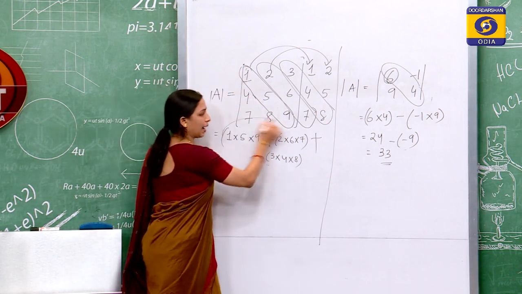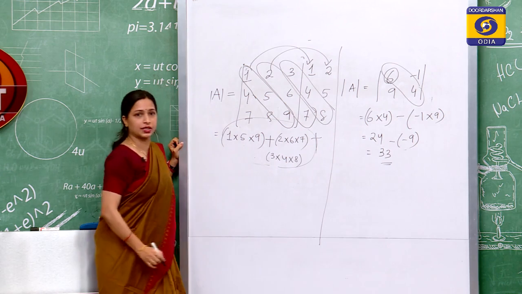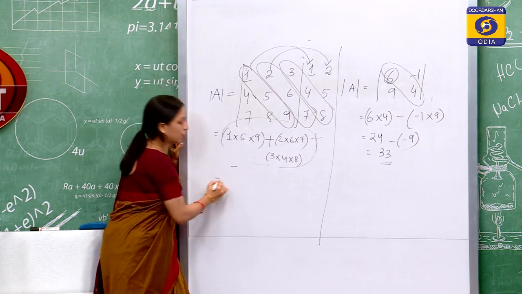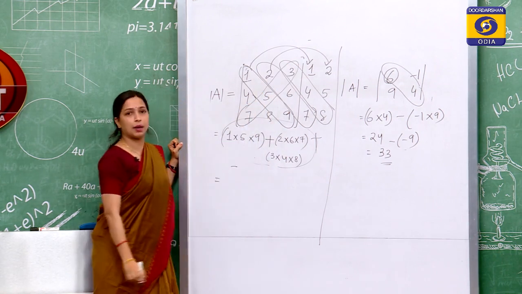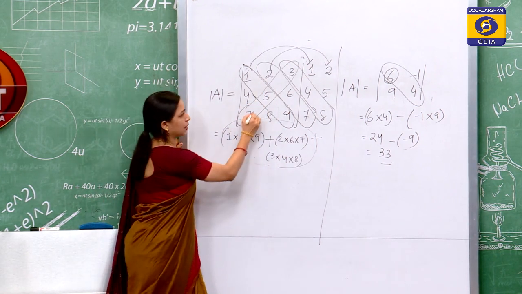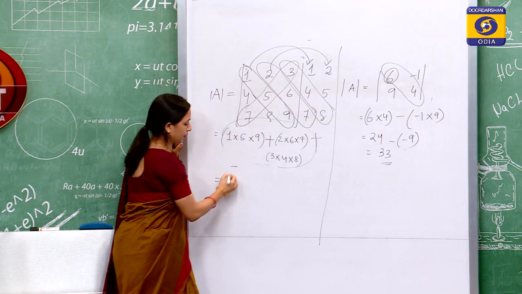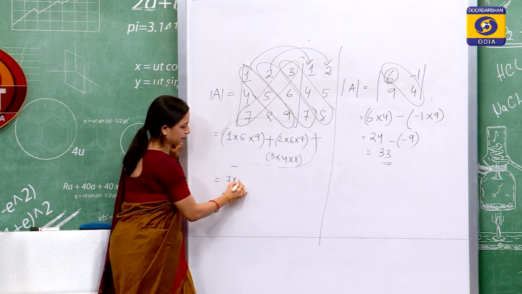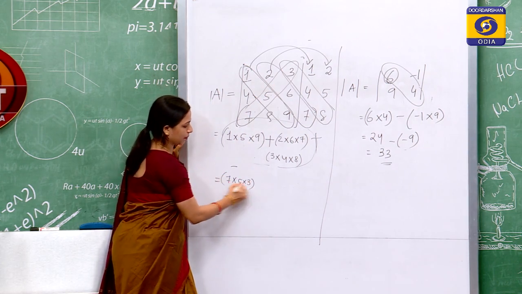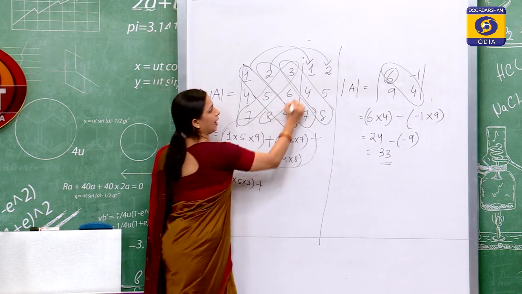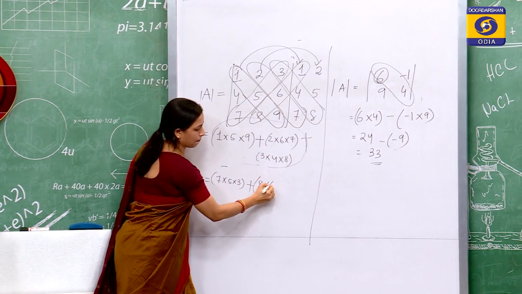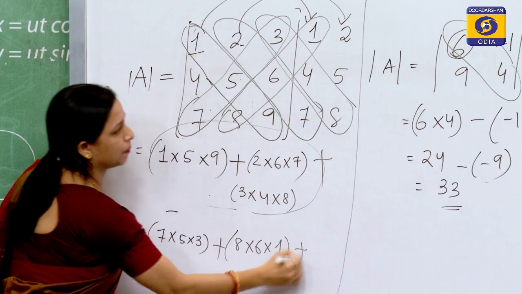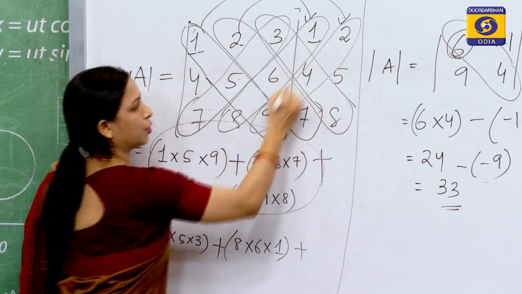Now, we add it up and therefrom we subtract the product of the upwards diagonals, right, upward diagonals. So, starting with 7 into 5 into 3 plus 8, 6, 1 plus 9, 4, 2, right.